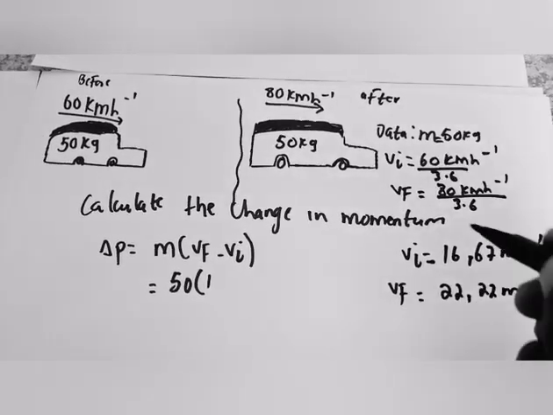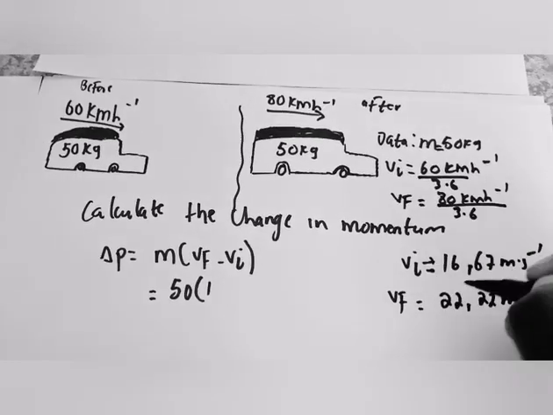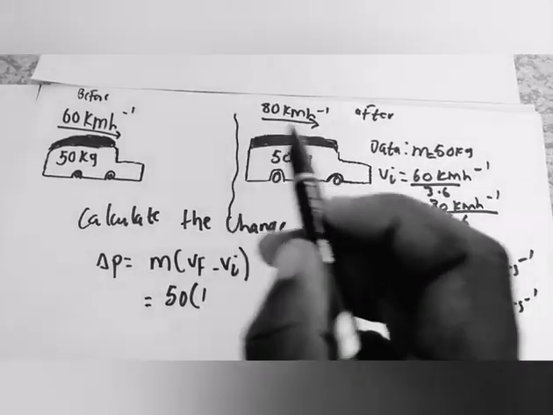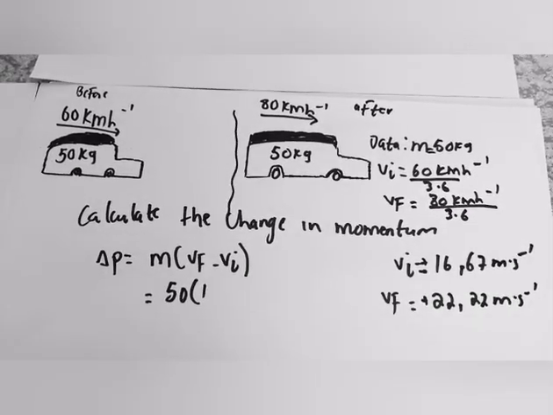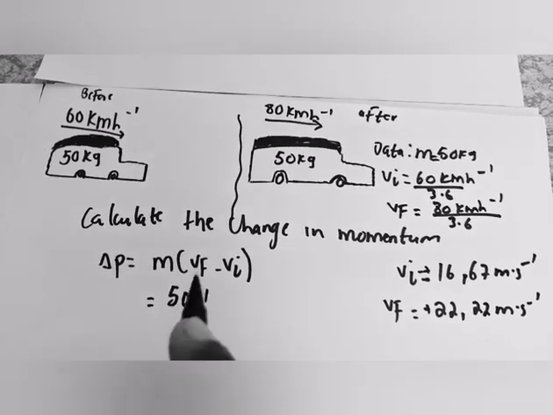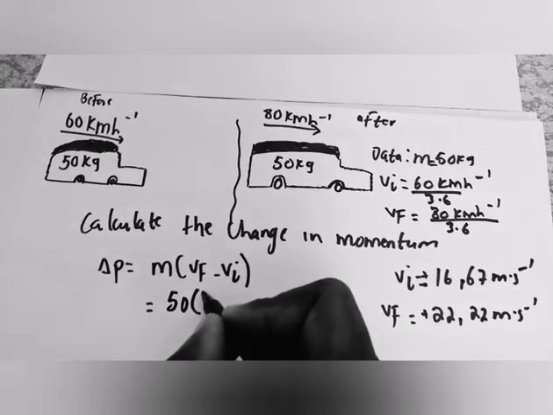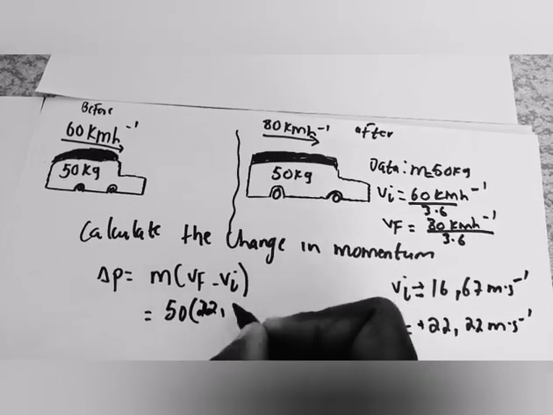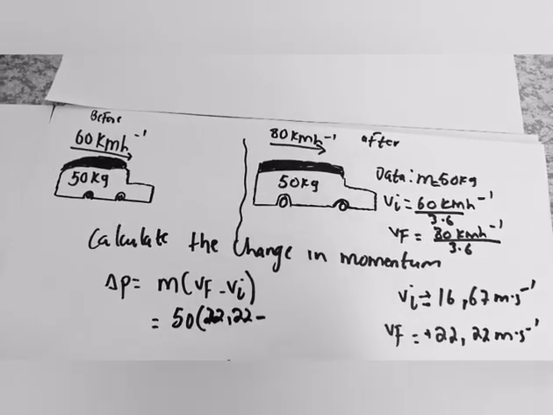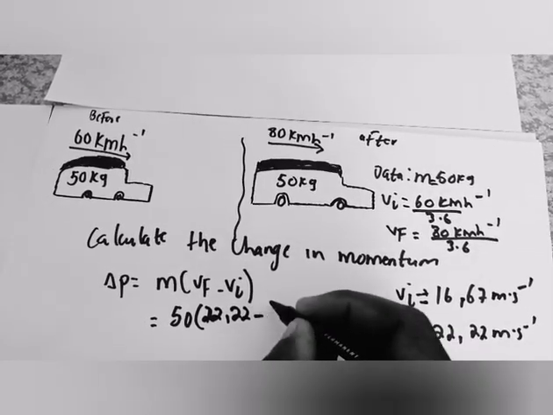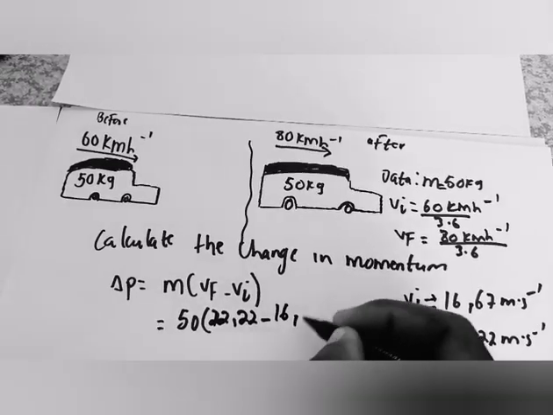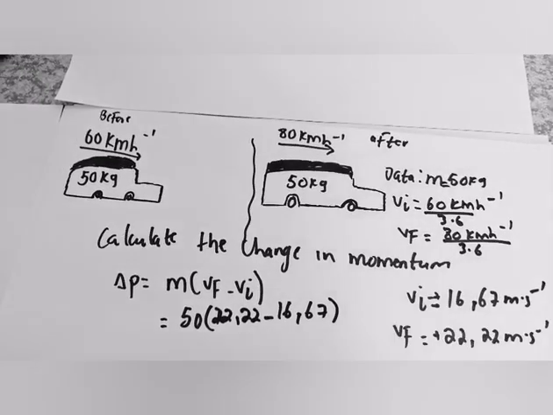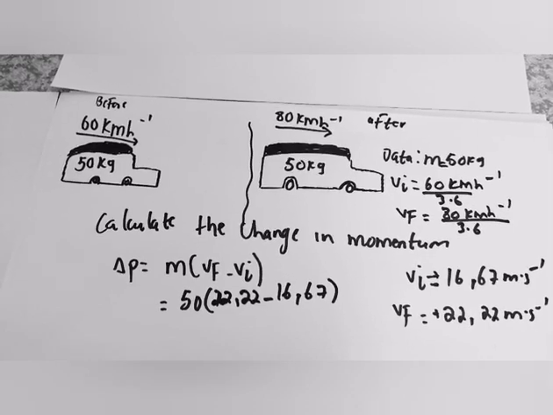Consider the direction, so it is positive, and here it is also positive. Why? Because the velocity goes to the right, or to the east. So m is 50, Vf is 22.22 minus the initial velocity, which is 16.67. Now use your calculator here.